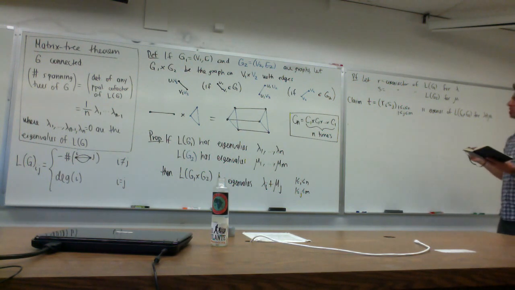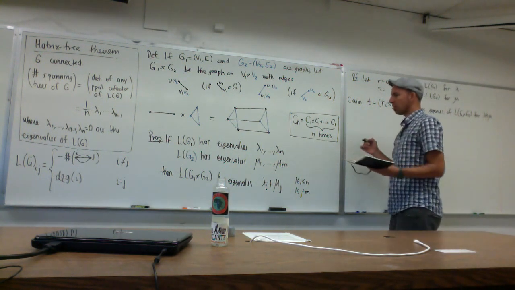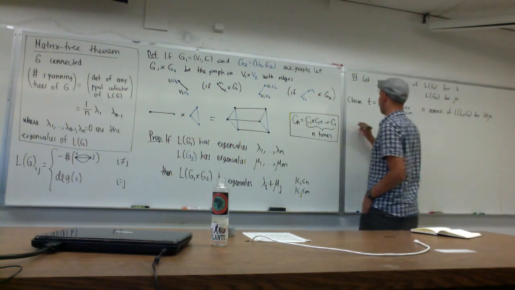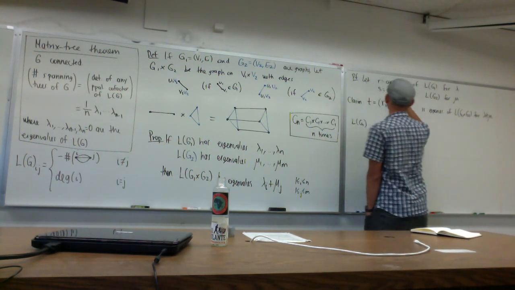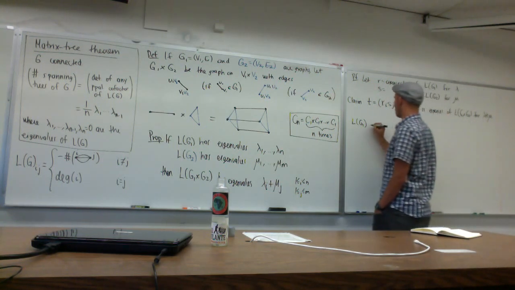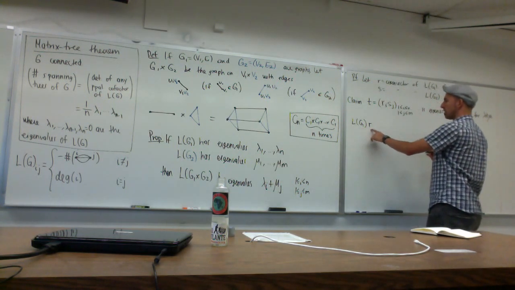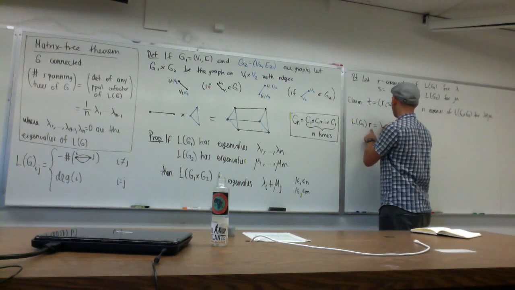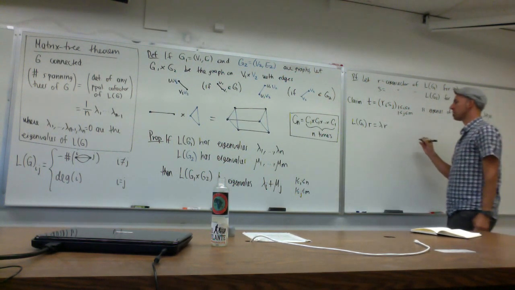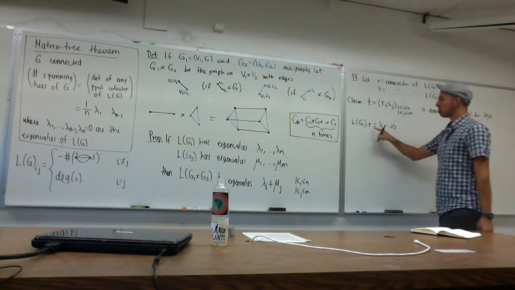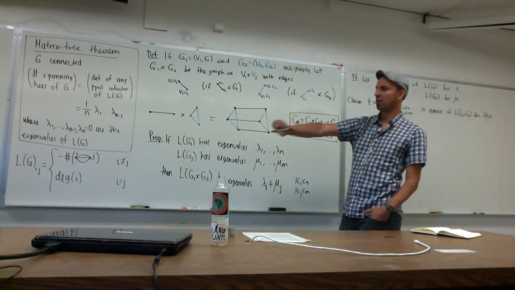So how am I going to do this? Well, first of all, what does it mean for this to be true? So if this is an eigenvector, then the Laplacian times the vector is equal to lambda times the vector. Right? So what does this mean? This means that I should multiply this vector by that matrix.